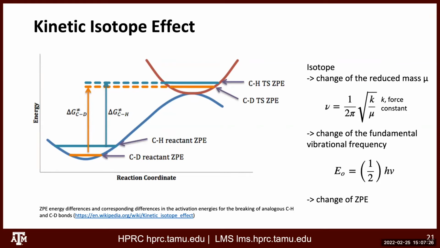And the mass of that atom would affect the reduced mass of the whole system. Remember, when you calculate the vibrational frequencies, there is the square root of k over mu term. The mu is the reduced mass. The change of mass would affect this.